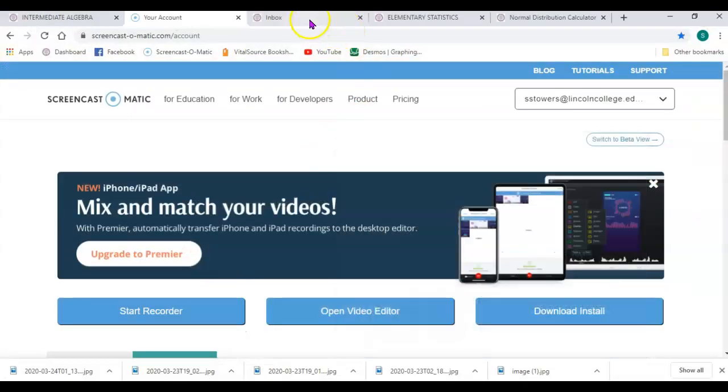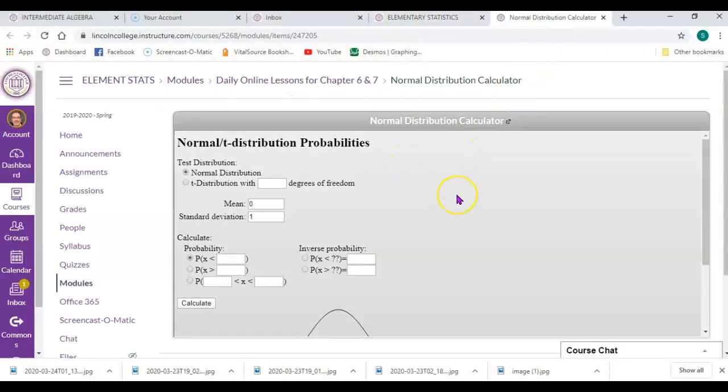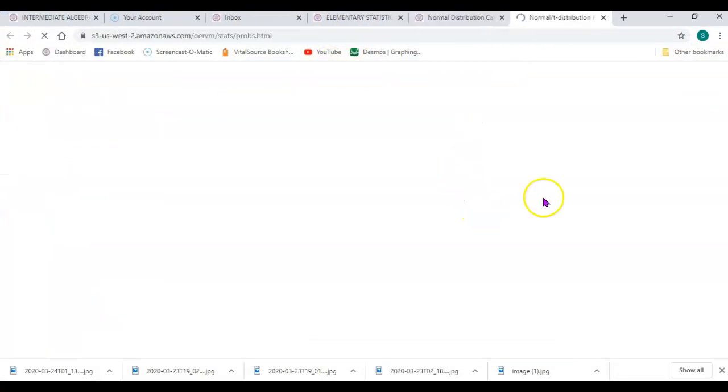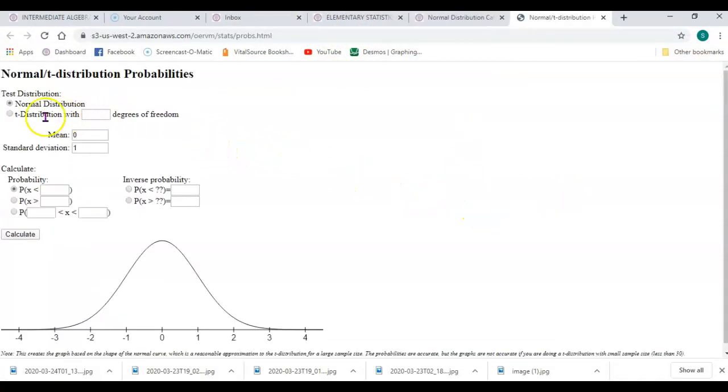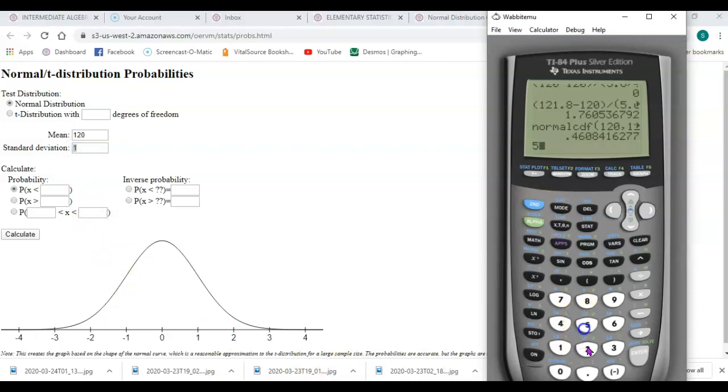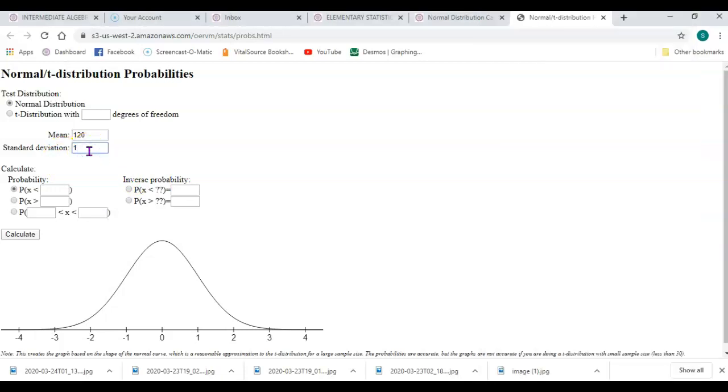And if you want to use that normal distribution calculator on the web, put in for the mean, 120. And for the standard deviation, we might have to go back and calculate this ourselves so we can put in the right number. It was 5.6 divided by the square root of 30, and that's about 1.022.